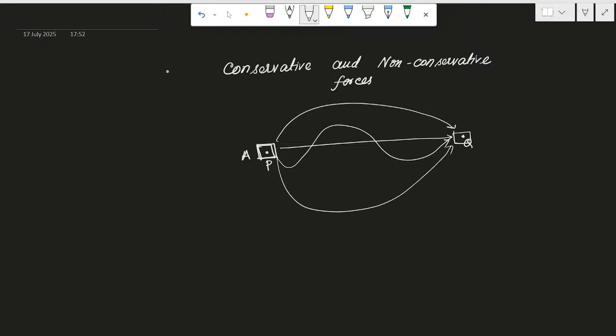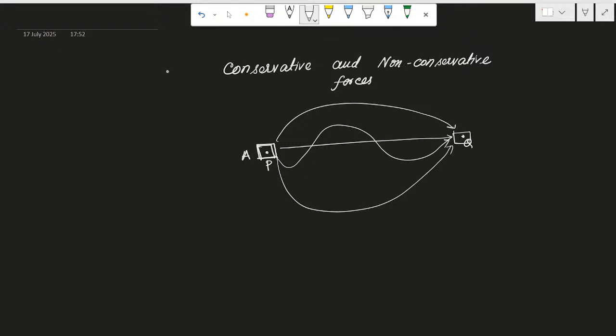Therefore, a conservative force is the force which does not depend on the path that the particle follows to displace from P to Q. It is independent of the path. That type of force is known as a conservative force.